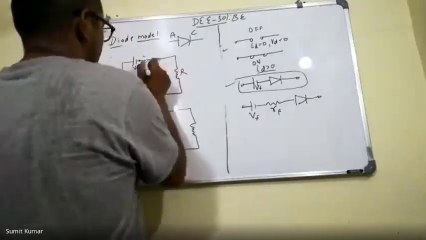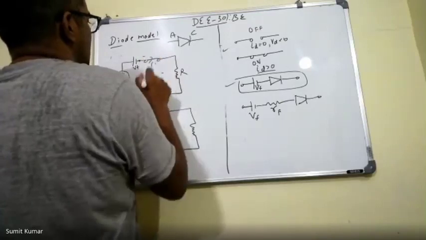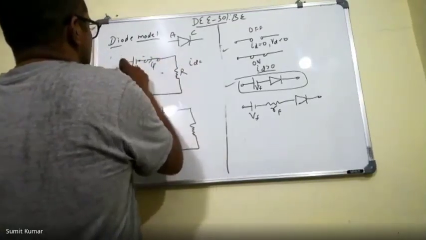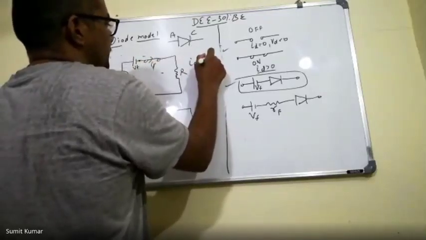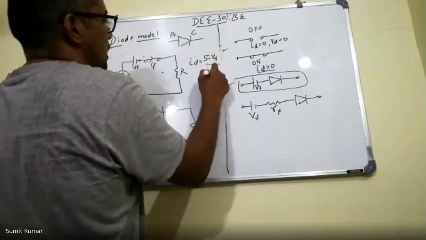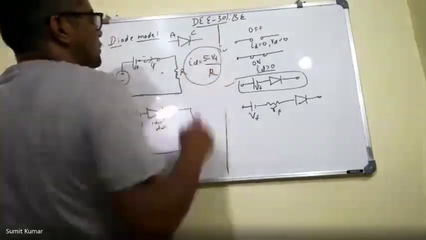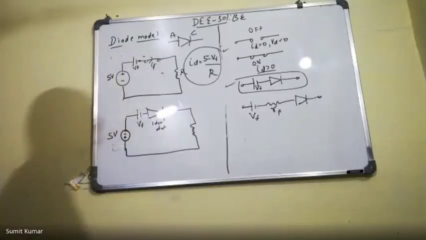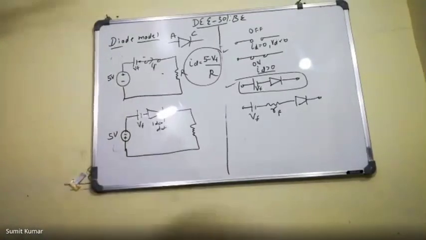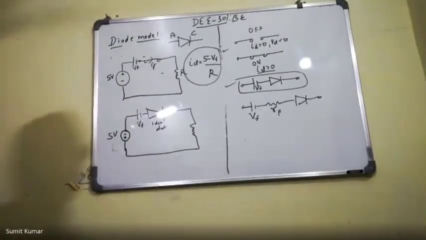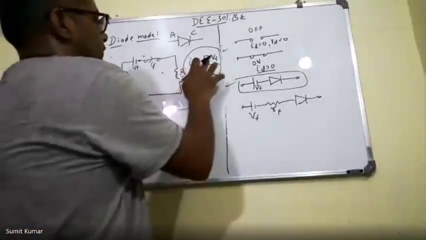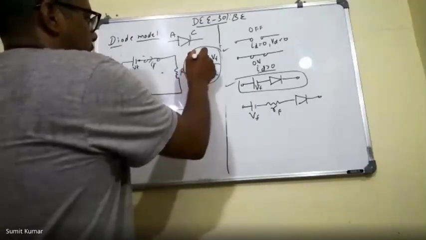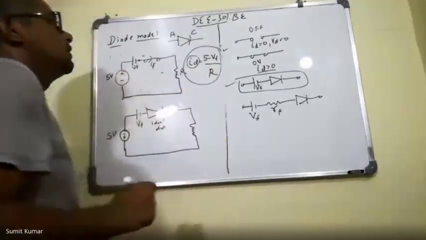So if the current is flowing in this diode ID, then this ID will be this voltage 5 minus Vf over R. Now you can see in the previous case the ID was 5 upon R. But here this ID is 5 minus Vf upon R. So the value of ID is decreased.